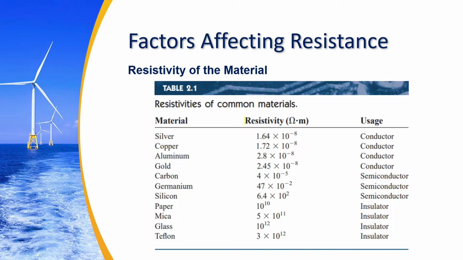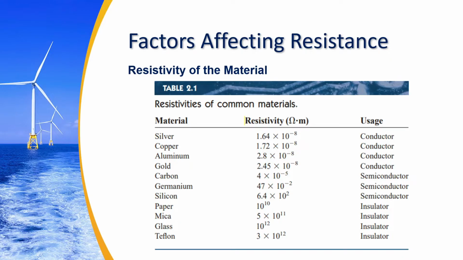Ibig sabihin, anumang material na ginamit, merong equivalent na resistivity yon. Example, kung silver ang ginamit, merong resistivity na 1.64 times 10 raised to negative 8. Kung germanium, 47 times 10 raised to negative 2. Kung glass, 10 raised to 12.